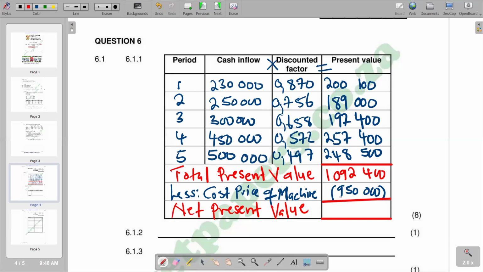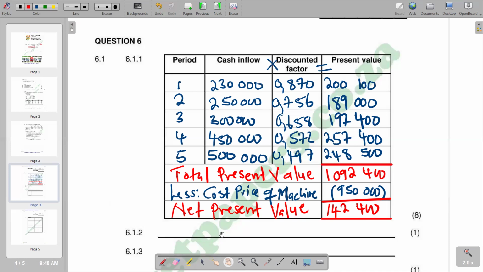So what we get is 142,400, which is a positive. Remember, if our total present value is greater than the cost price, we get a positive net present value. But if your total present value becomes less than the cost price, it becomes a negative net present value.